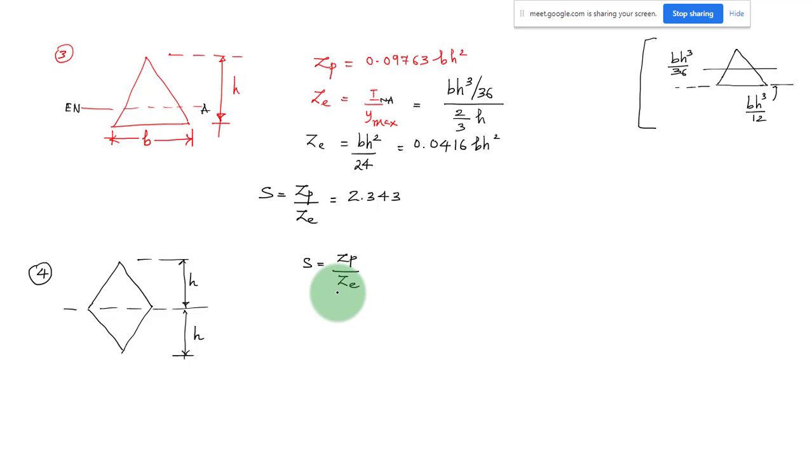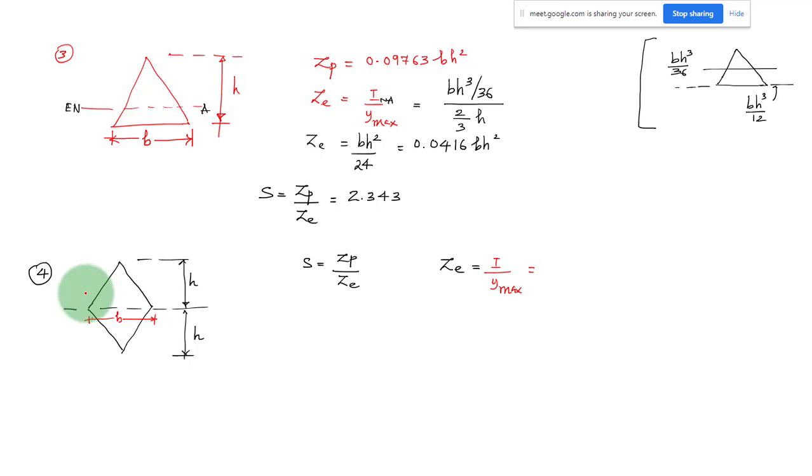First you have to find the elastic section modulus. How will you find it? The equation is I by y max. So can you tell me the equation for I?